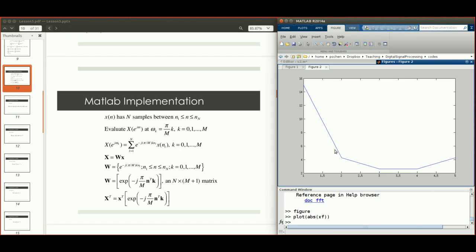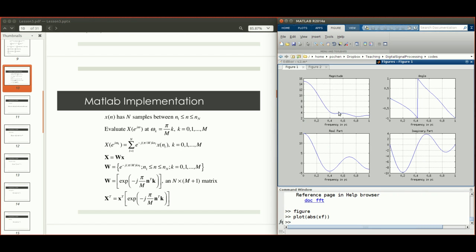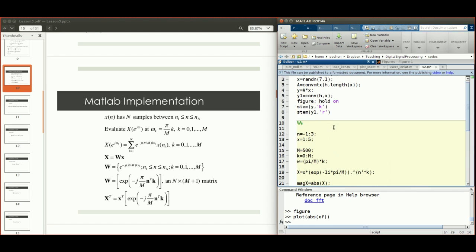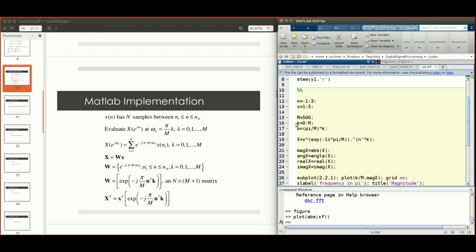So the trend is actually a little bit different. I'll tell you why in a little bit. The Matlab fft function is not just doing 0 to pi. In our own code, our transform is limited to the frequency range that goes from 0 to pi.